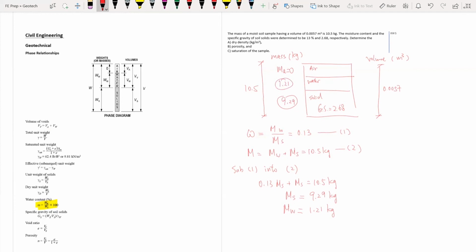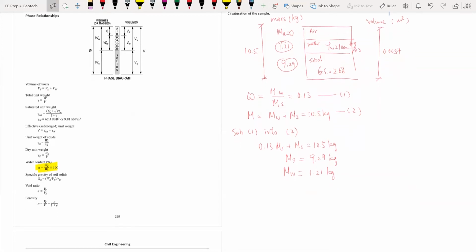Next, we always know the density of the water equals 1,000 kilograms per meter cubed, and we can take advantage of that. So the volume of the water will be equal to the mass of water divided by the density of the water. With that, we can find the volume of the water.